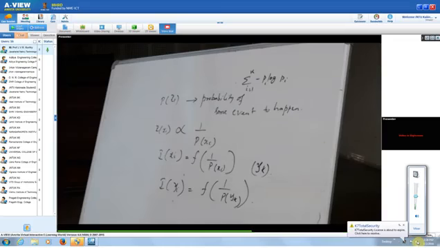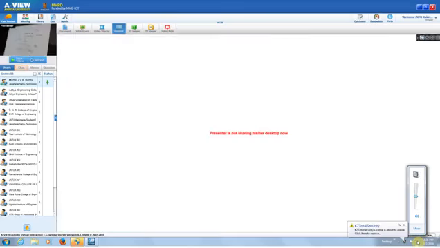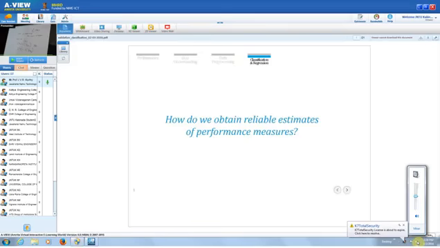Now, what is the probability of both the events happening at any time? If one event has probability P1 and another event has probability P2, and they want to occur simultaneously, what is the probability? For independent events, it is P1 into P2, the product, right?